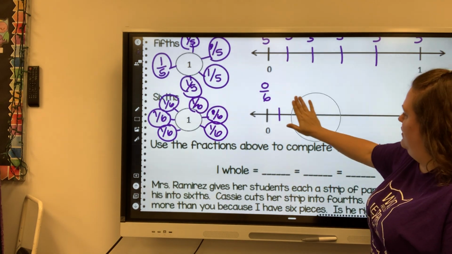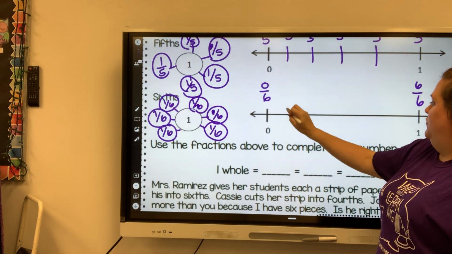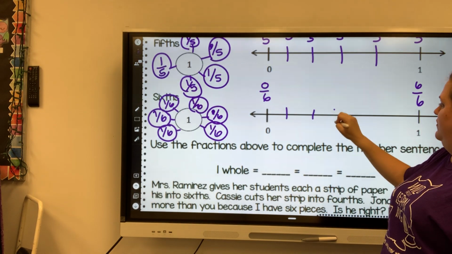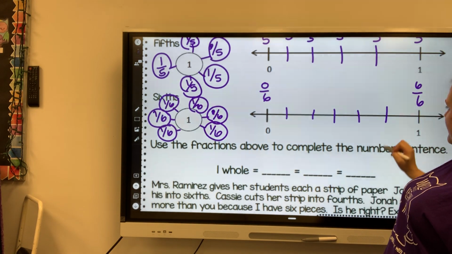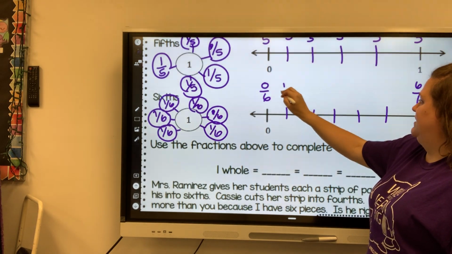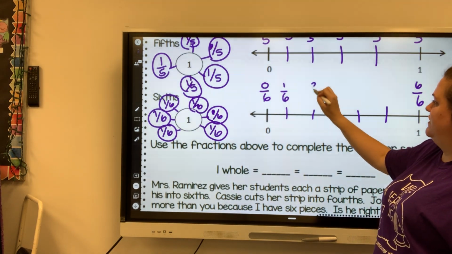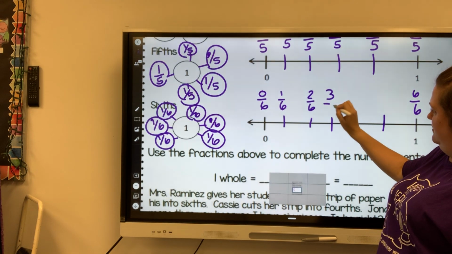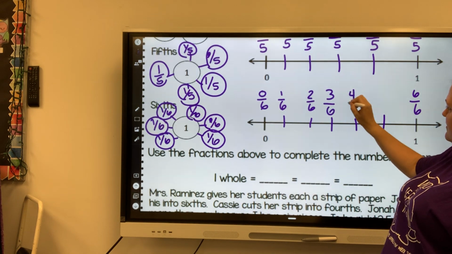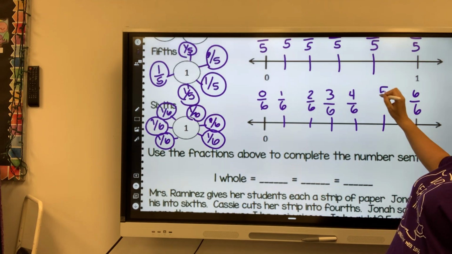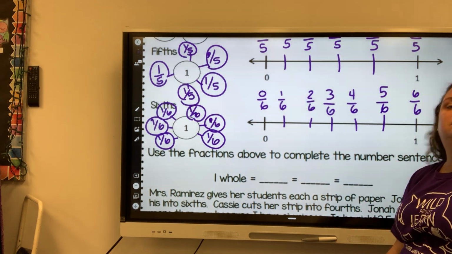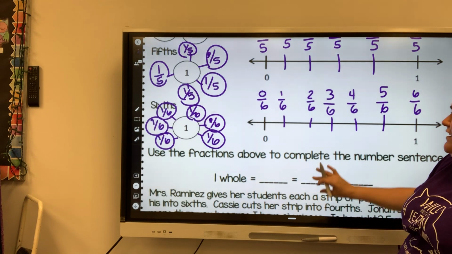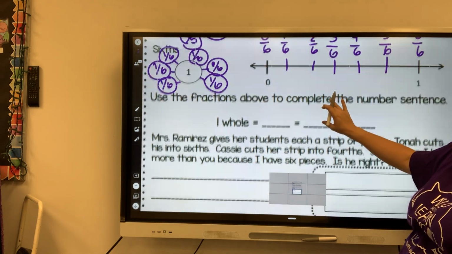I'm going to stretch it out a little bit more. 1, 2, 3, 4, 5. That looks better. 1/6, 2/6, 3/6, 4/6, and then we have 5/6. All right, so not so bad to divide those up.